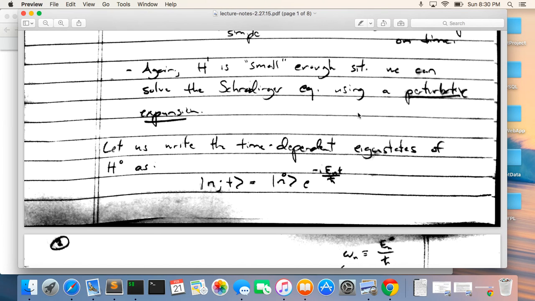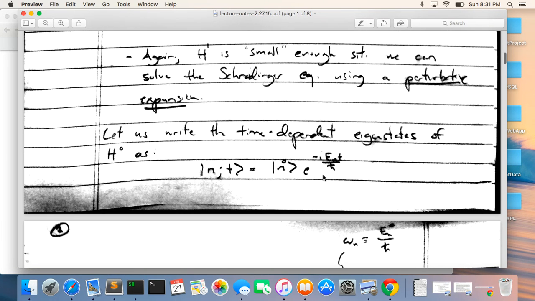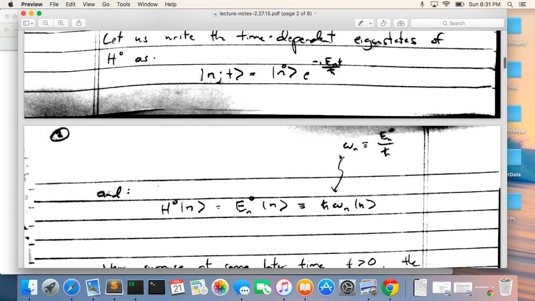All right. So we know from last semester that state kets evolve with time, even in the absence of a Hamiltonian that depends on time. If you go back and look at our discussion about time evolution. So some general state n at a later time t is going to be some eigenket times some time dependence. It looks like e to the minus iEt over h bar, something like that.